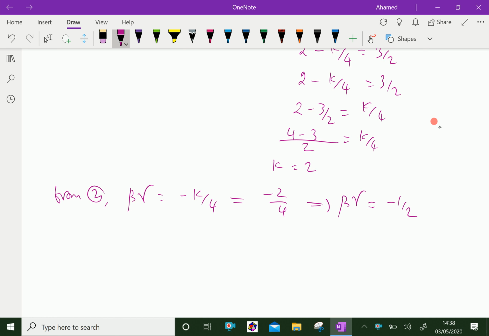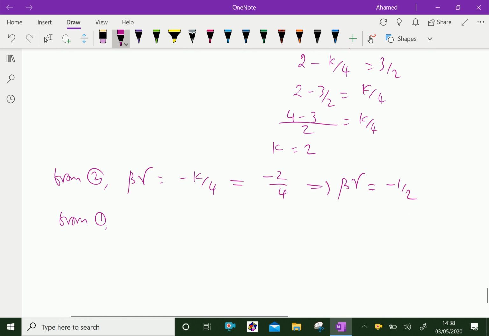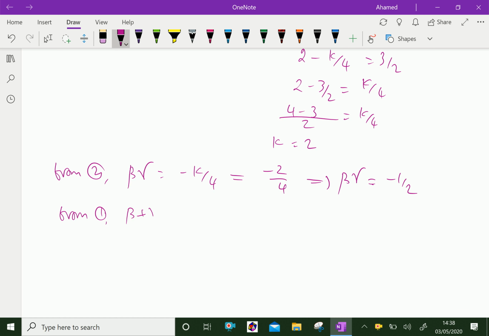Then from 1 we have beta plus gamma is alpha by 2, that is 2 by 2 equals 1.